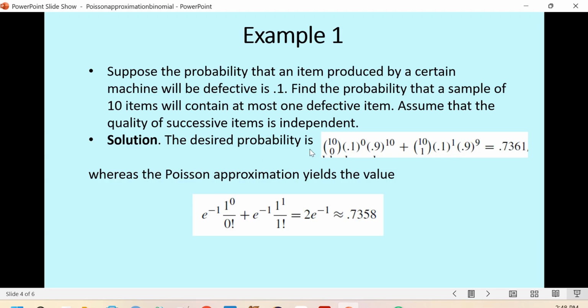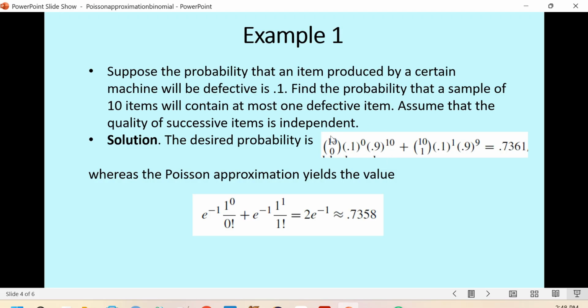But first we use the binomial formula to calculate the exact probability. Because we want the probability of at most one defective item, this will contain two parts. The first part is 0 defective items, and the second is 1 defective item. So we use the binomial probability formula.